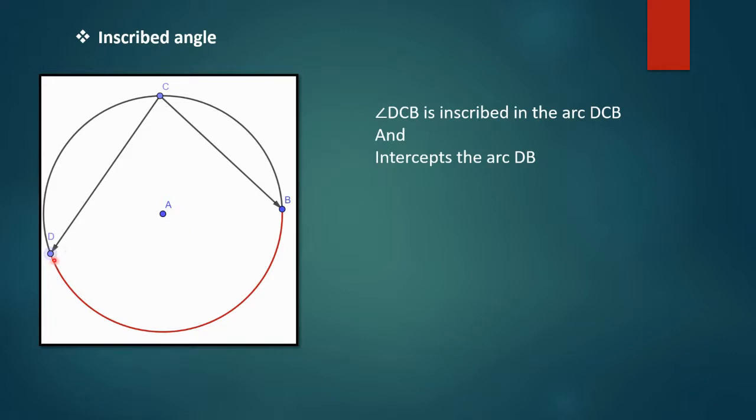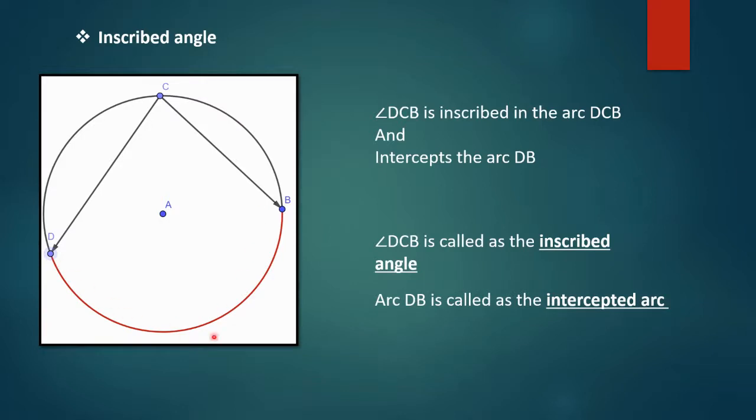Therefore, angle DCB is called an inscribed angle, and it is inscribed inside the arc DCB. Arc DB, the red portion, is the intercepted arc.